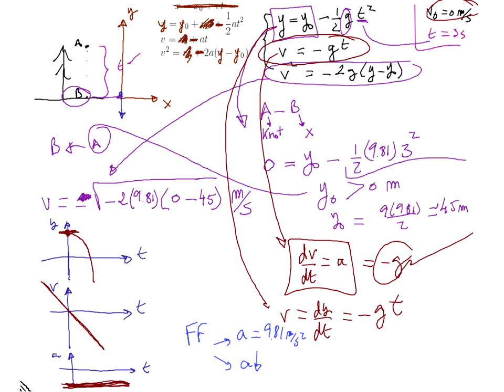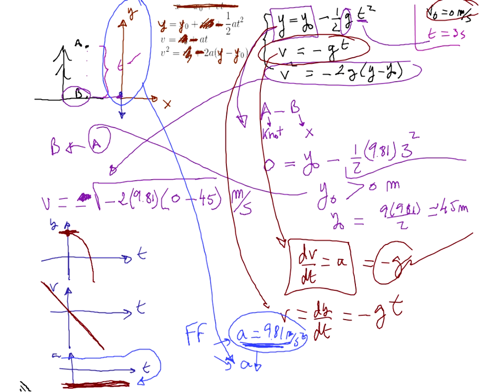Therefore, you expect a to be always constant. But just by this piece of information, you would expect it to be above. But then you look at your coordinate system, and since the direction of a is down, and you decided the positive y to be up, then this will come below. Does that make sense now?